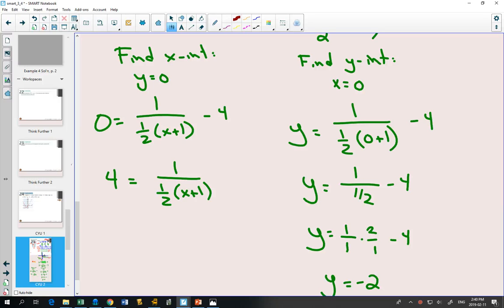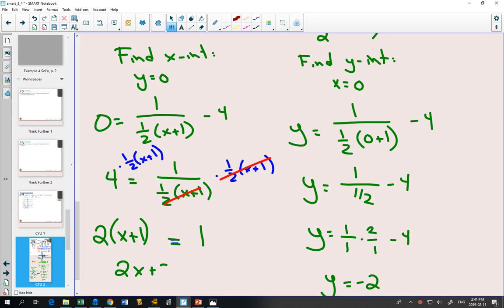If your x is in your denominator and you're trying to solve, you have to multiply both sides to get rid of the stuff in your denominator. In this case, I would multiply both sides by 1/2 x plus 1. That would simplify on this side, leaving me with just 1. And on this side, 4 times 1/2 x plus 1 will be 2 times x plus 1.